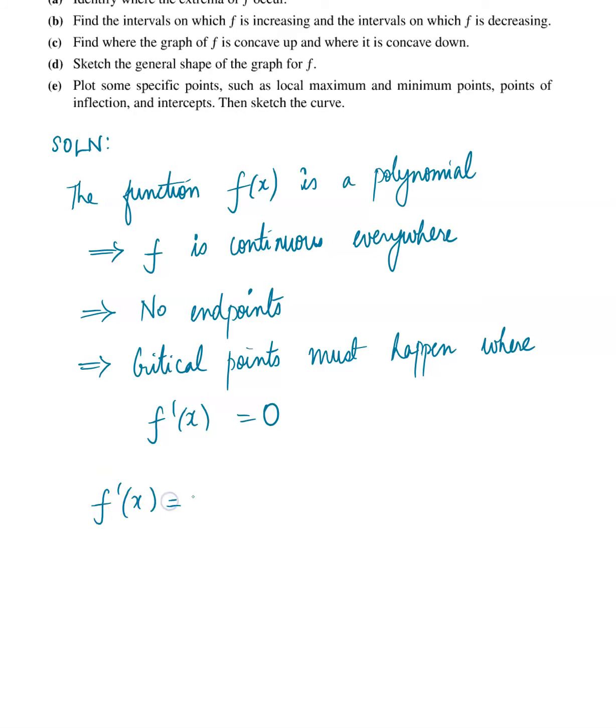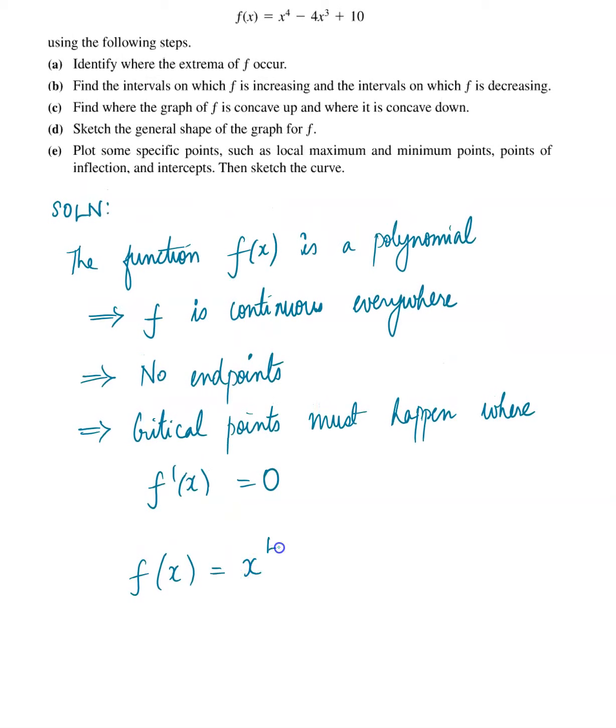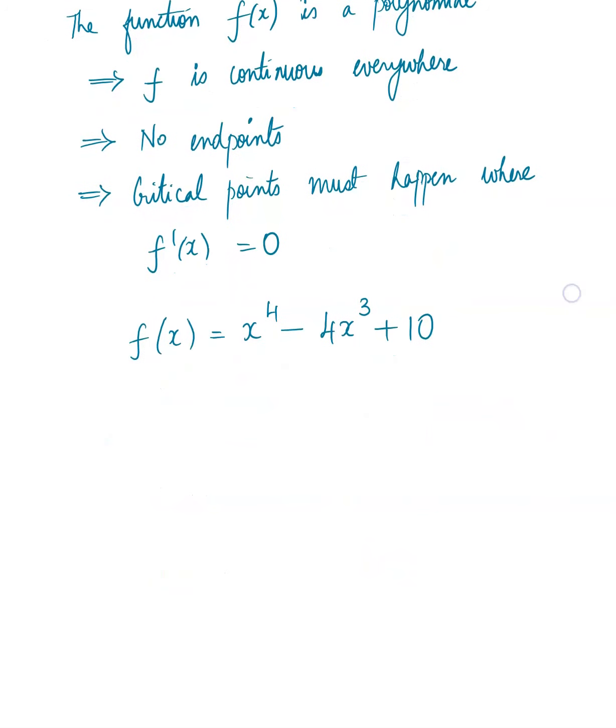Let me write f of x first: x to the power 4 minus 4x cubed plus 10. F prime of x is 4x cubed minus 12x squared, of course plus 0. 4x cubed minus 12x squared.